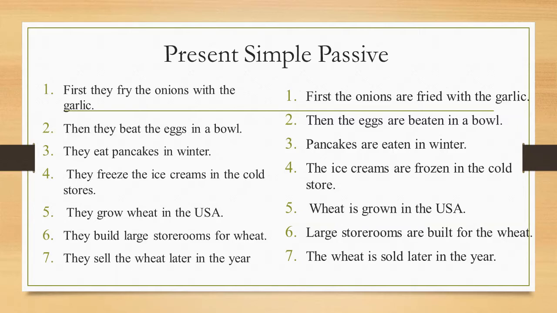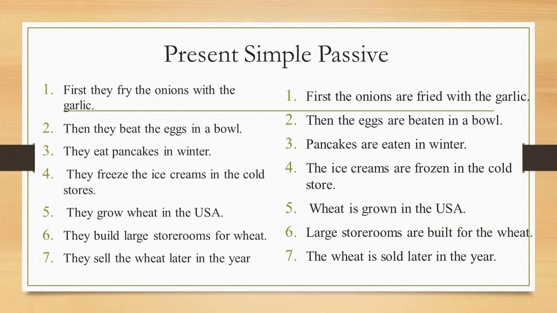with the garlic. Then they beat the eggs in a bowl. The subject is they, and when we convert it into simple passive, we have to do some things. First, we will bring this object. They beat the eggs, the eggs is object. When we bring the object to the subject position, like you can see in the sentence, then the eggs that are object are at the subject position.